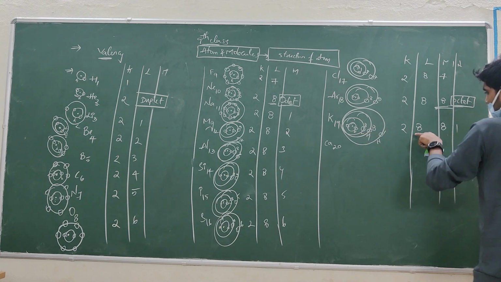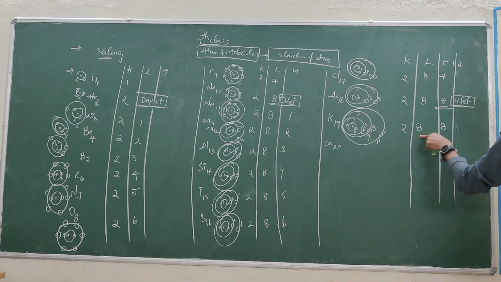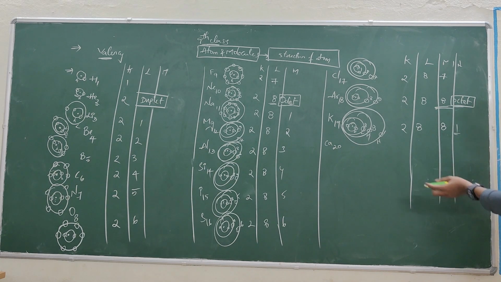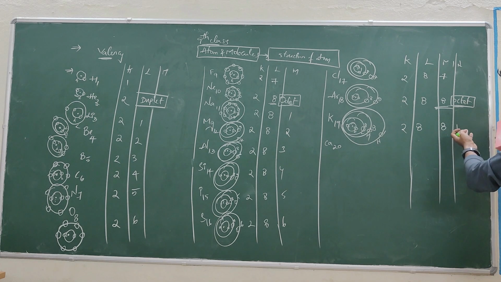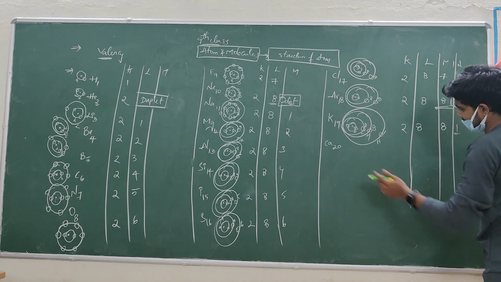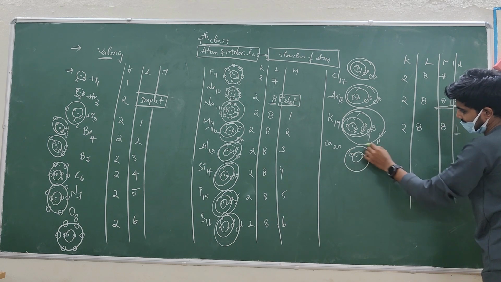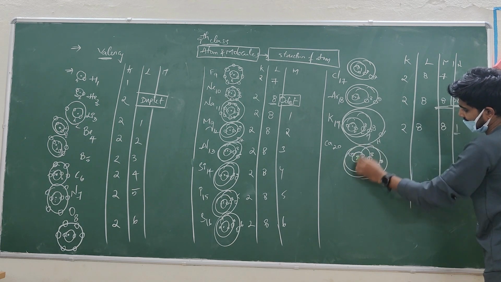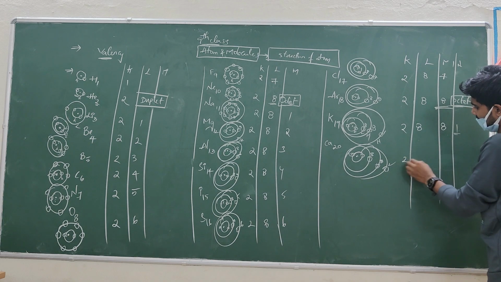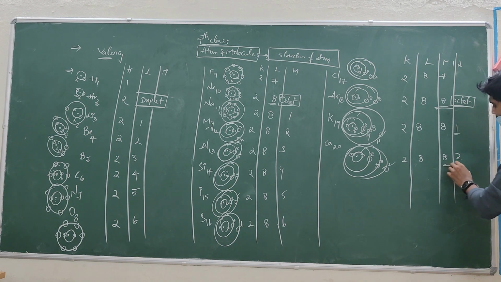So atoms always want the shell to be filled with 8 electrons. That is the reason this one electron should be easily removed from it, and it sends the extra electron to the next shell. Calcium also did the same thing: 2, 8, 8, and the next shell contains 2, so it becomes 2, 8, 8, 2, right?